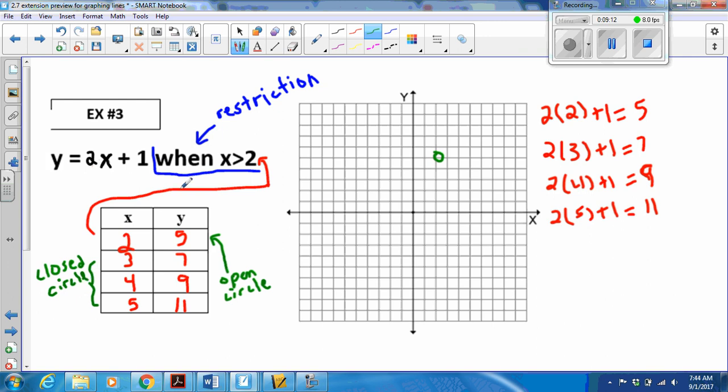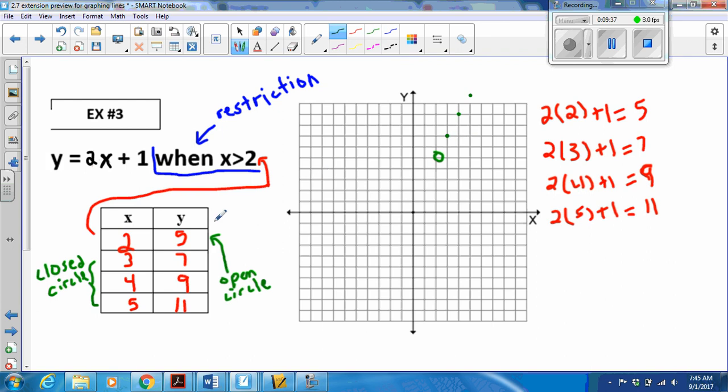This is really gearing you up for what you're going to learn about piecewise functions, so that's why we want to learn about these restrictions first. So we go over 3 and then up 7. This one is closed, so make sure you have a nice closed circle at (3, 7). Then we have (4, 9), and then (5, 11). This is going to go off the graph, but that's okay.